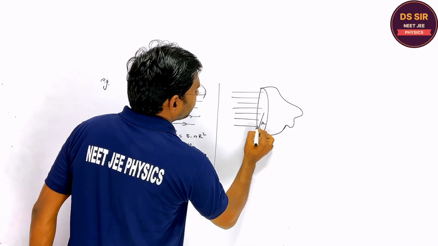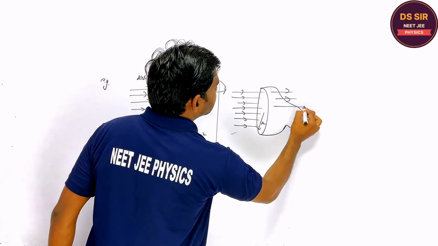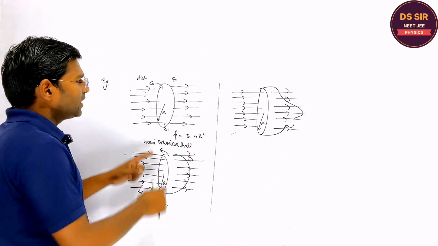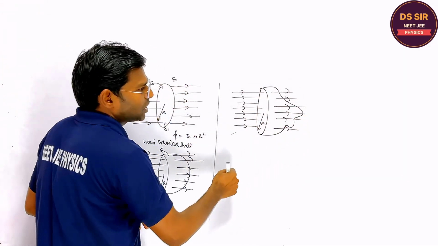When the electric field is entering, the same electric flux will be coming out from here or not, you tell. Whether it is a disk, hemispherical, or any irregular shape.